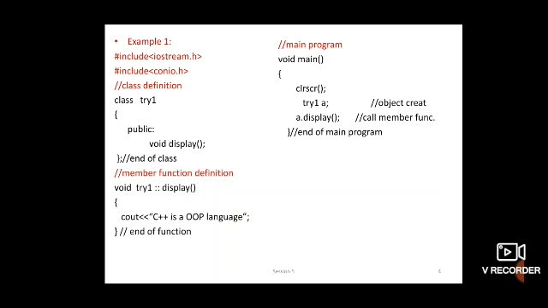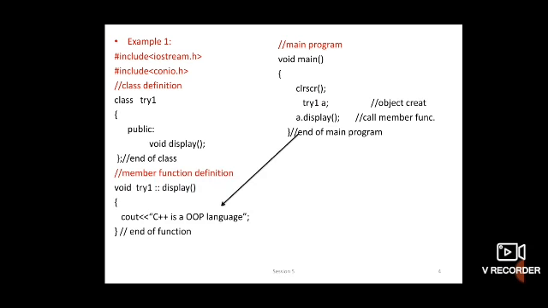Now students, how do we run this program? Suppose you entered it in the C++ editor. First compile it. If it is error free, then run it. At that time the pointer first goes to void main, then clears the screen, then goes to try1 A, which creates the object for this class.